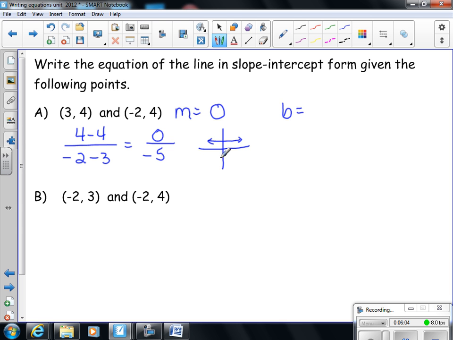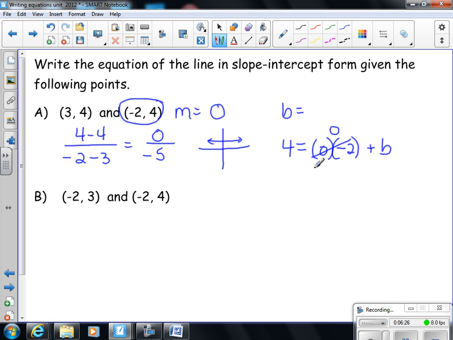Okay, so what is my equation then? Well, will it cross the y-axis? Well, let's see. Let's plug in a point. I know that my slope is 0, and I'm going to pick this ordered pair. So I have 4 equals 0 times negative 2 plus b.